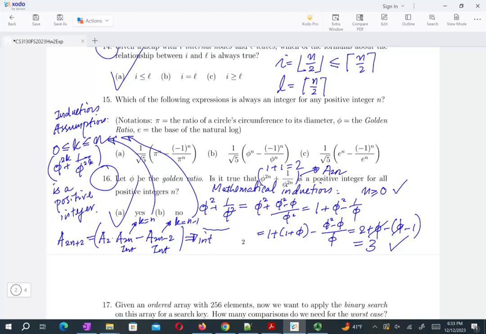So the whole thing must be an integer. Here we do not say positive or negative, we just say integer, because there is subtraction. We don't know whether after the subtraction it is still positive.